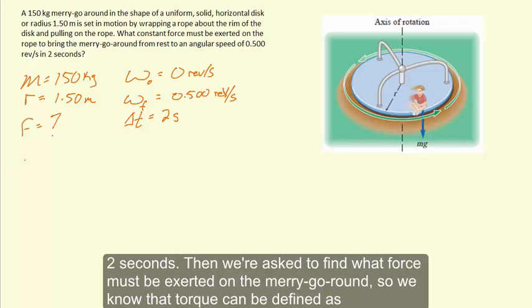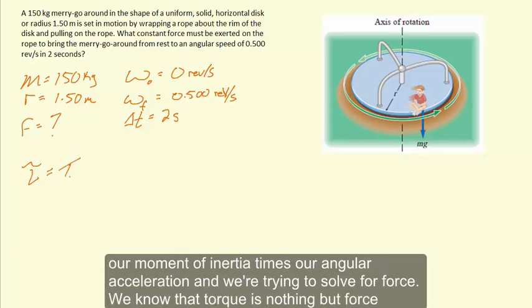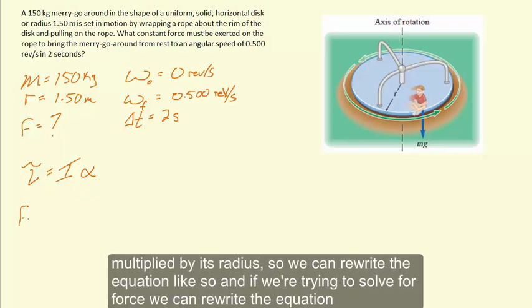So we know that torque can be defined as our moment of inertia times our angular acceleration. And we're trying to solve for force. And we know that torque is nothing but force multiplied by its radius. So we can rewrite the equation like so.